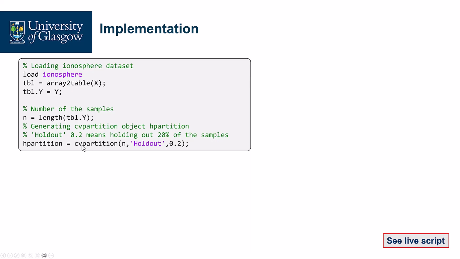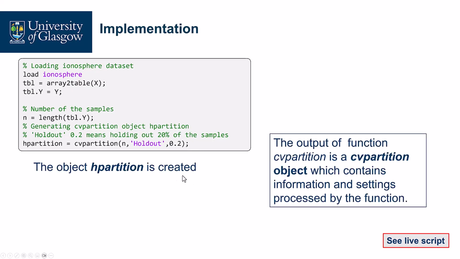You can see I use this function, cvpartition, and the total number is calculated here, and I will reserve 20% of the samples as test samples. After using this command, I will generate the hpartition object, right? This contains the information and the settings processed by the function.